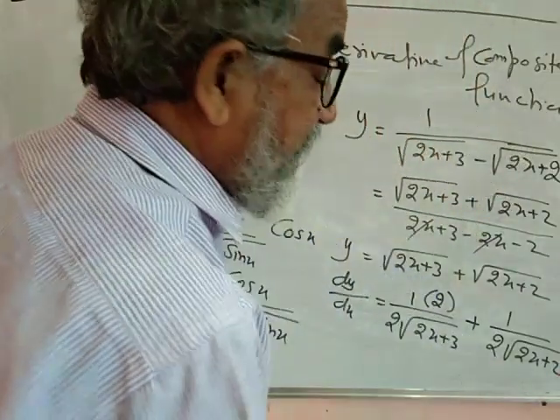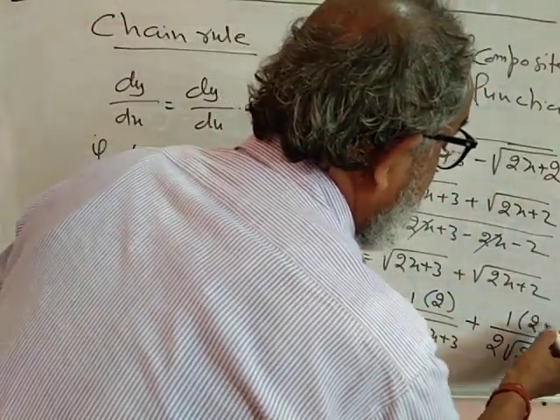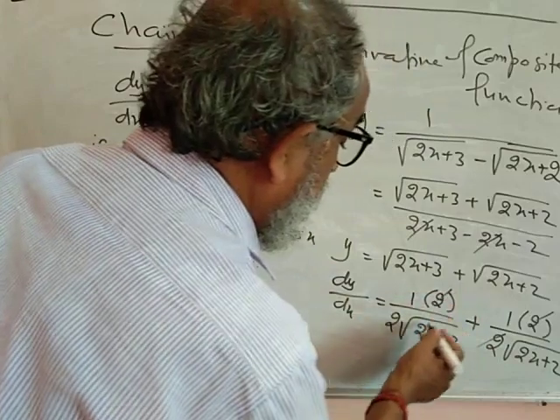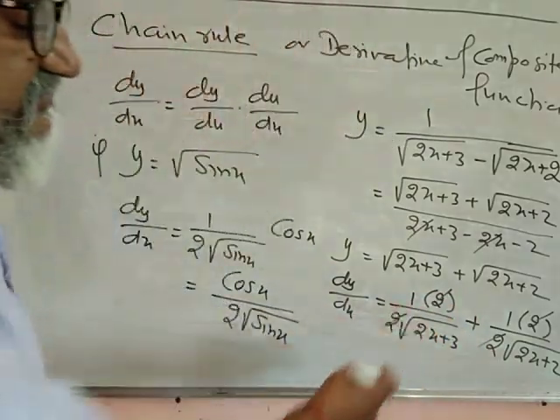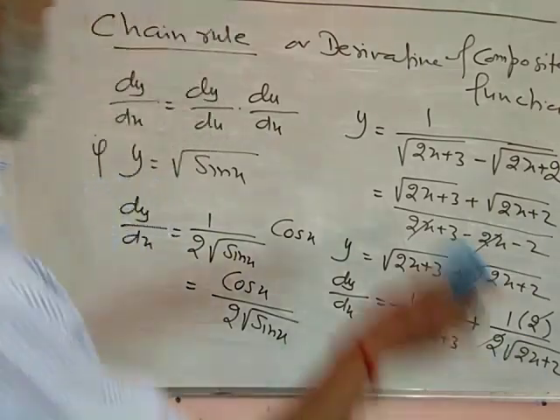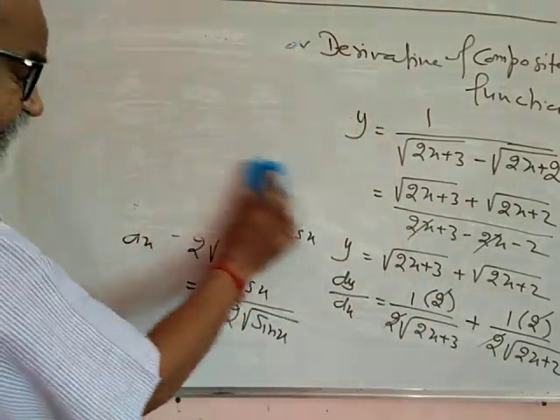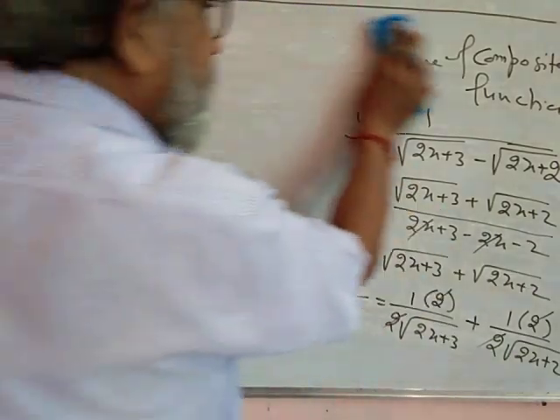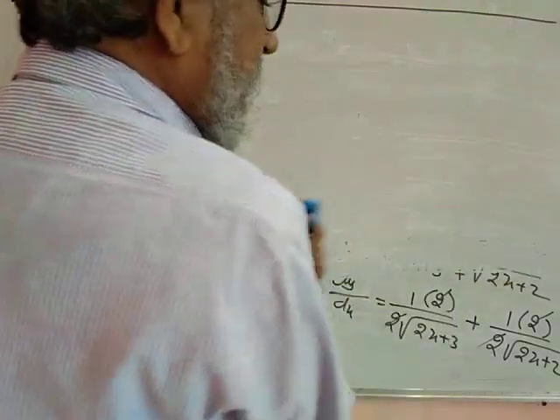Then derivative of 2x plus 2 is 2. So 2 and 2 got cancelled. So the final answer is 1 upon under root 2x plus 3. So just always remember that whatever comes in front of you, you have to take the derivative of that.